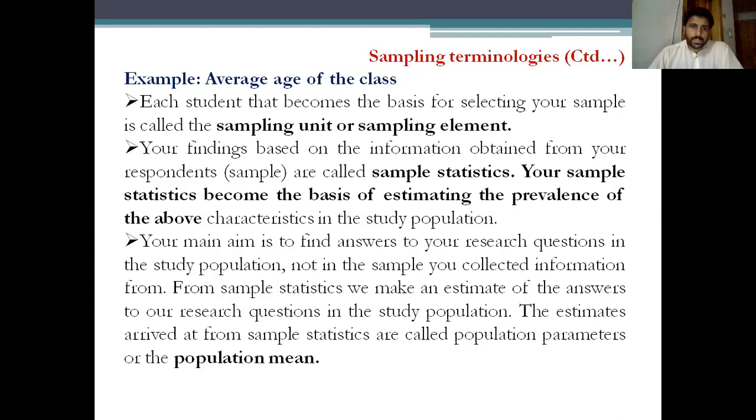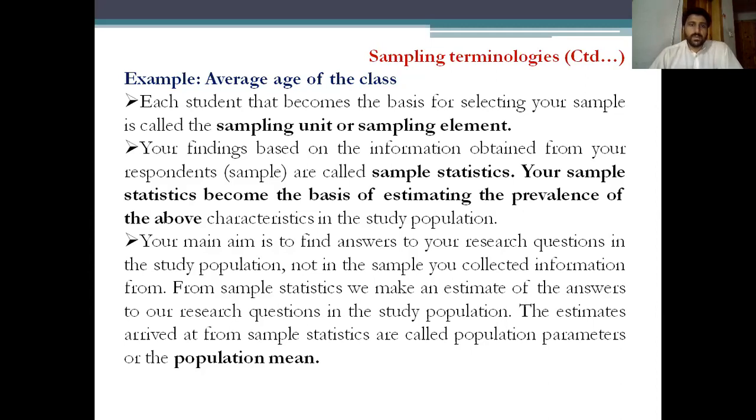So instead of collecting information from the whole study population, you collect information from a specific sample, comparatively small, from individuals in that population, and from that sample statistics you make an estimate of the answer to your research question in the study population.